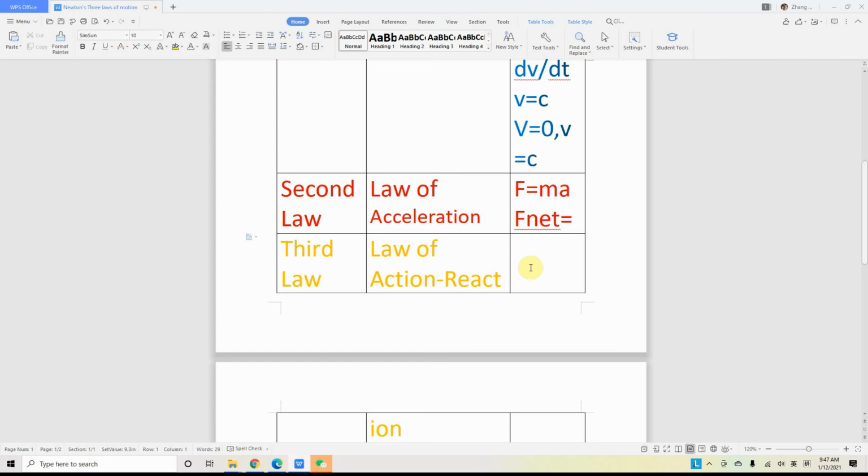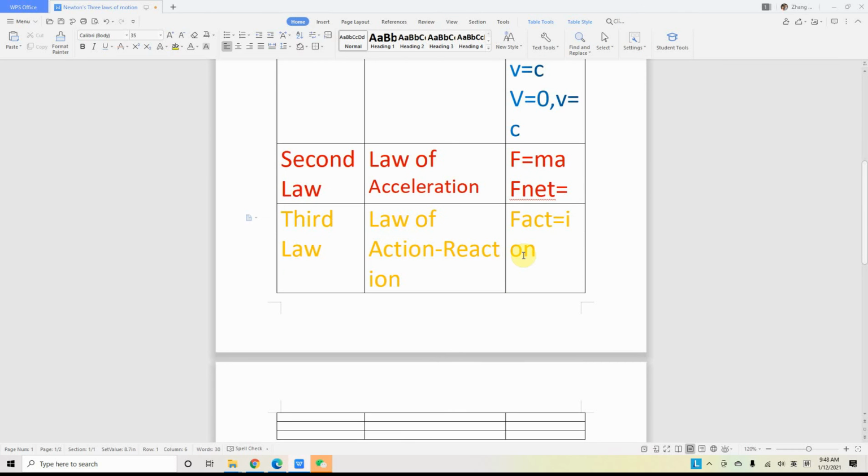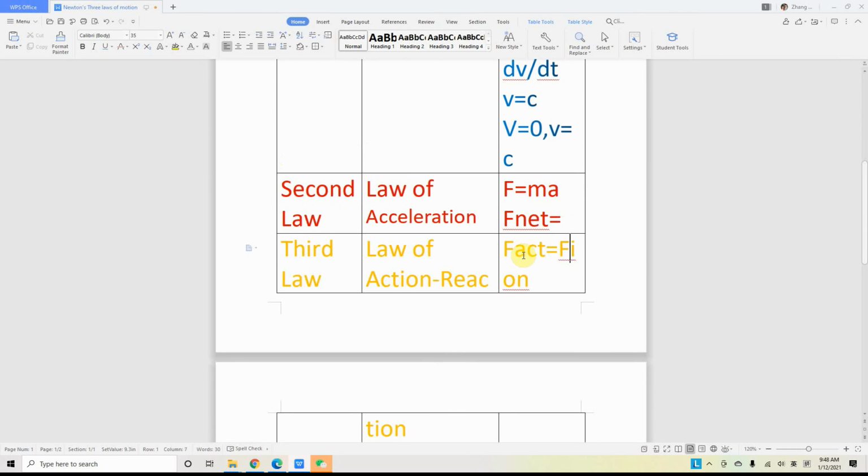Your fist could hurt. Okay, yeah. So when there's an action force, there must be a reaction force that has the same magnitude and the opposite direction.